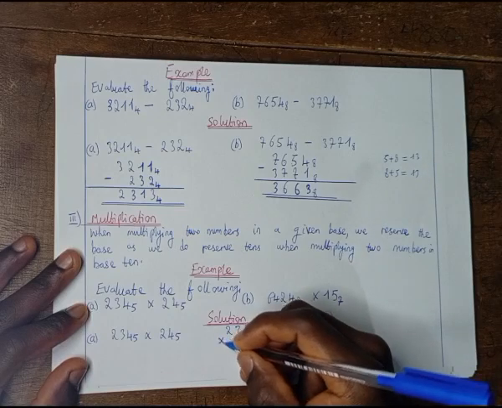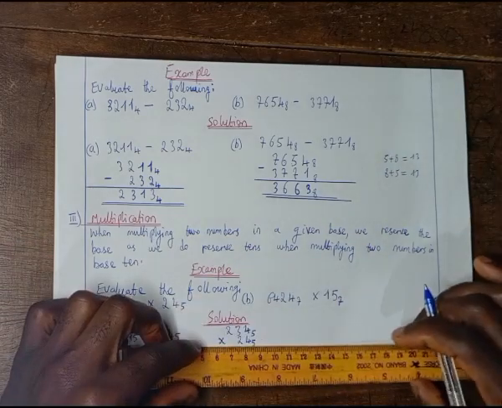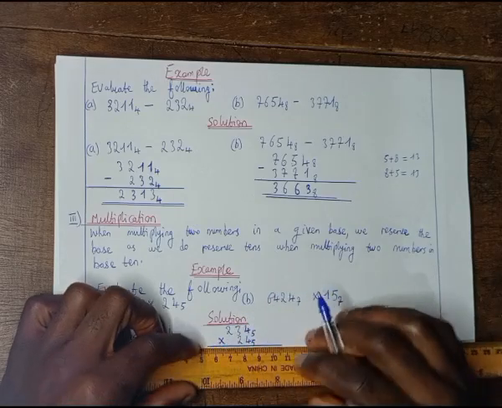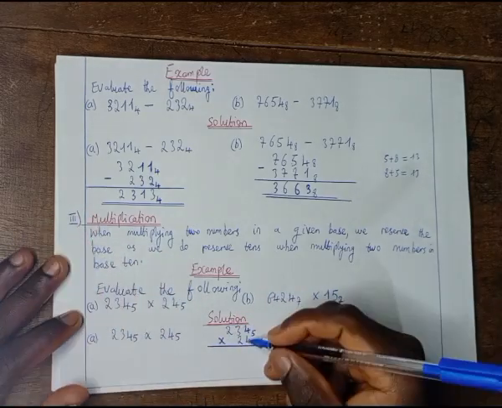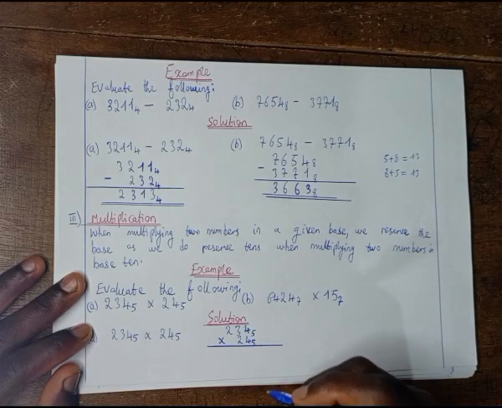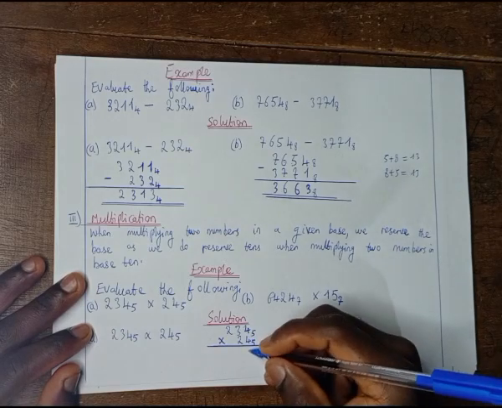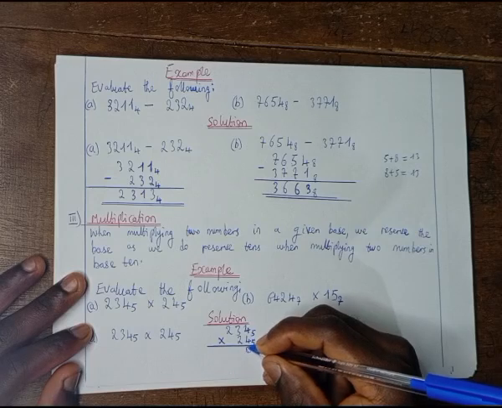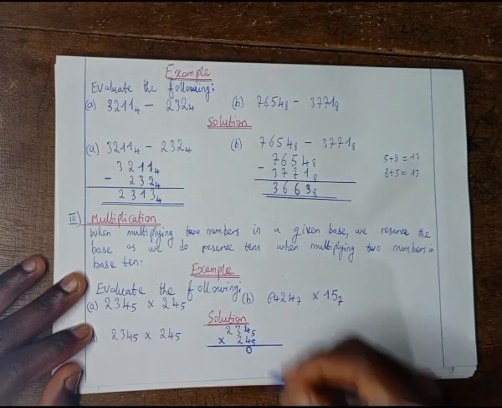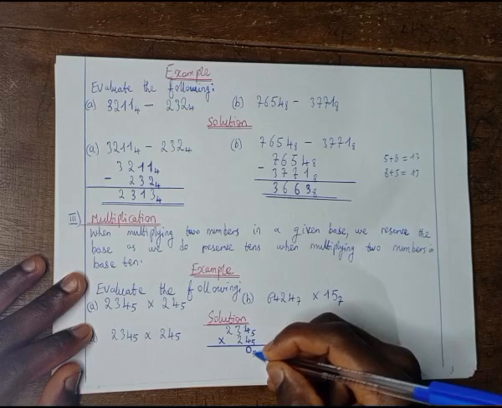Then we put an X for multiplication, the multiplication sign. Then we draw our horizontal line. We have to start from 2, which has a higher place value than 4. So we are going to fix a 0 here. Then we bring down the base 5.